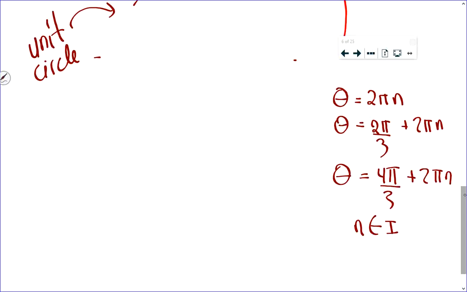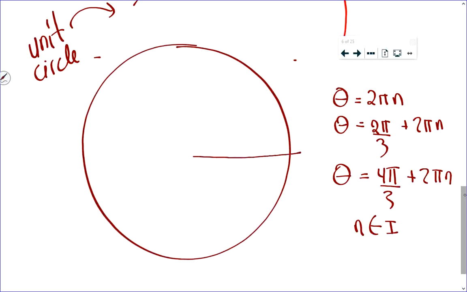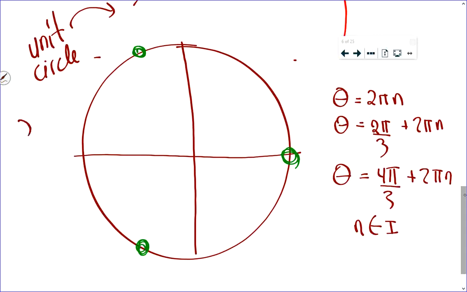You could say instead, if it is this position and this position, you could say that theta is equal to 2 pi over 3 plus, could just say this, multiples of 2 pi over 3.